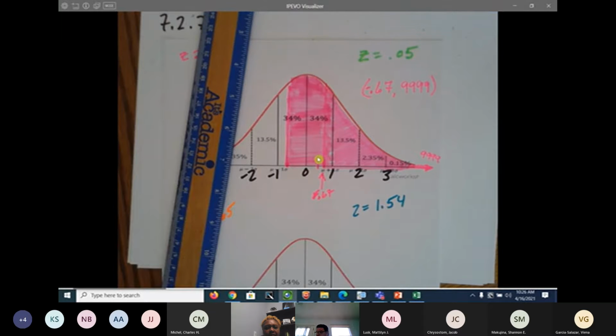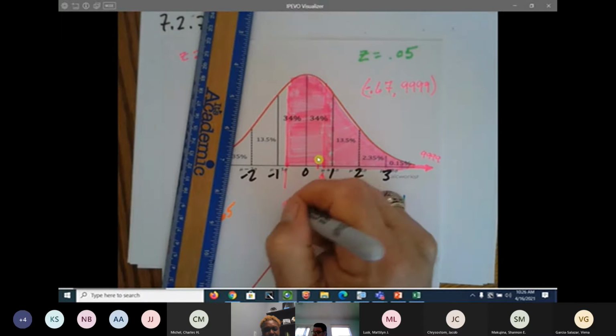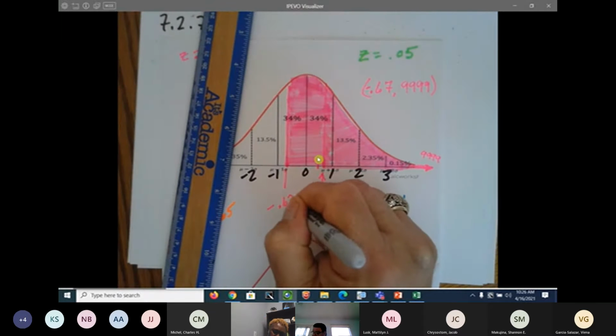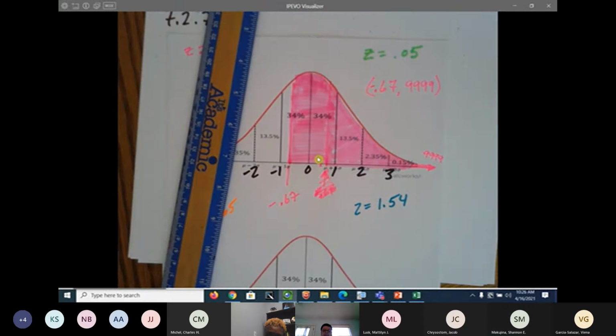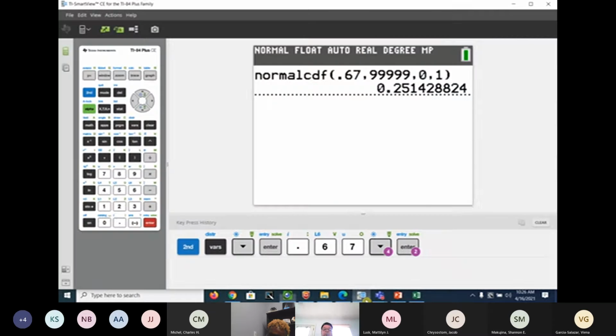Oh. Is that the negative we just colored? Negative 0.67. All right, now I'm going to hit the calculator and do negative 0.67.